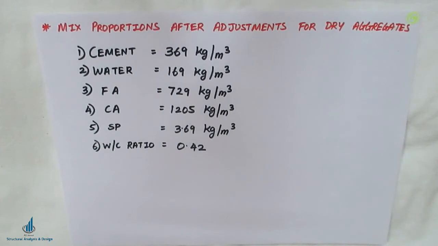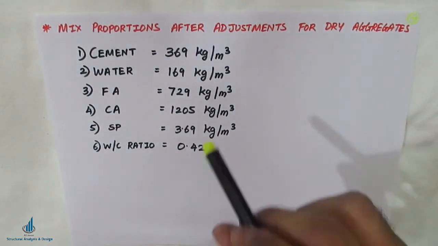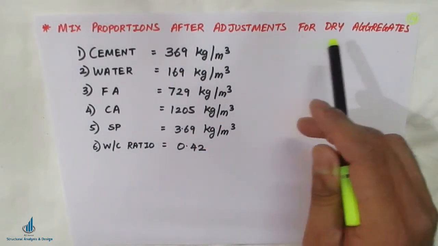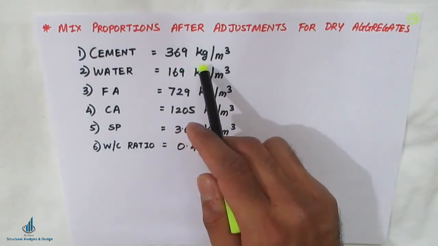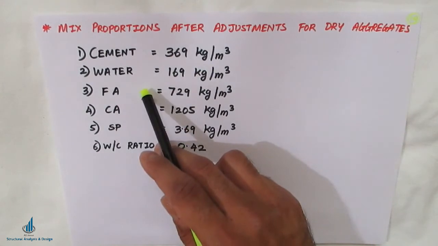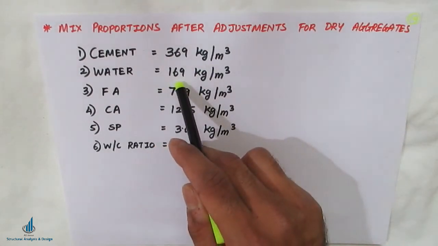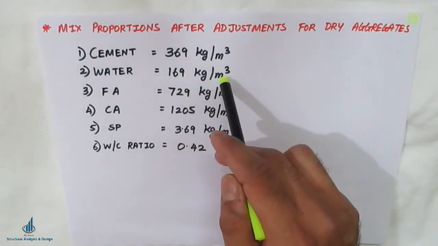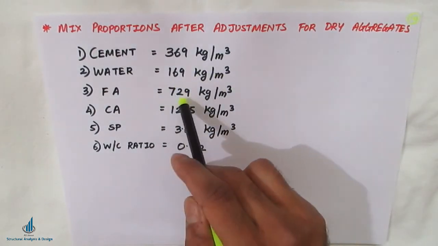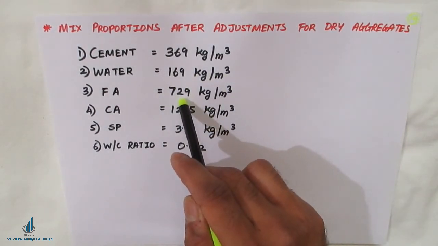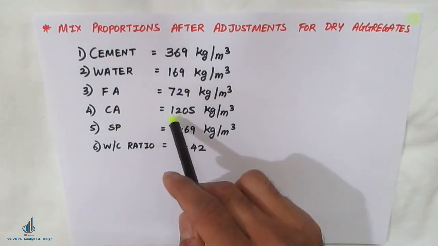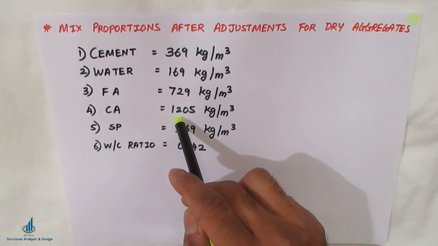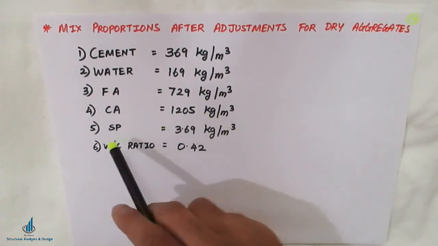So now at last, the mix proportion after adjusting for dry aggregates becomes: cement will be as it is, 369 kg per meter cube. Water is now increased from 155 to 169 kg per meter cube. Fine aggregate has been reduced to 729 kg per meter cube. Coarse aggregate is again reduced, it is 1205 kg per meter cube.